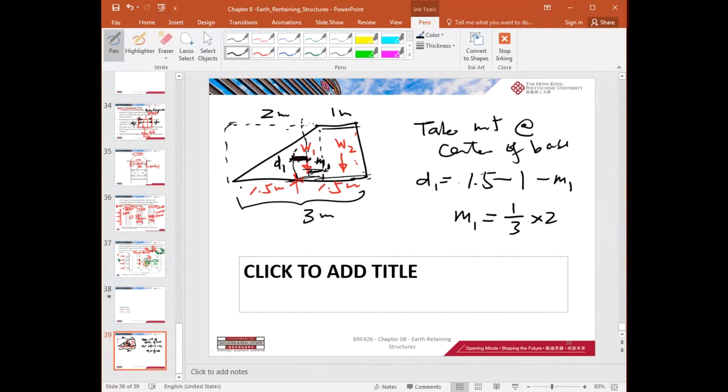M1 is equal to 1/3 of 2 meters. Okay? See the point? So the moment, W1 D1, is that clear?